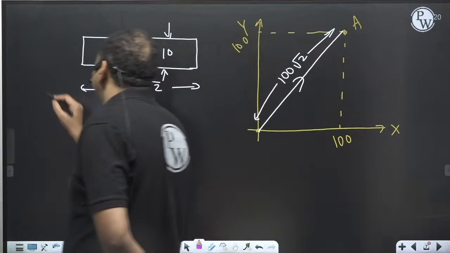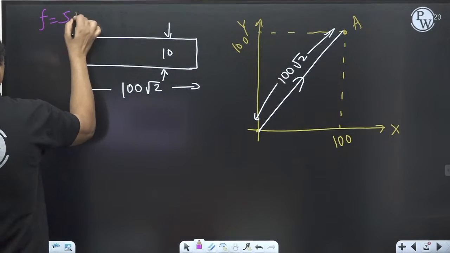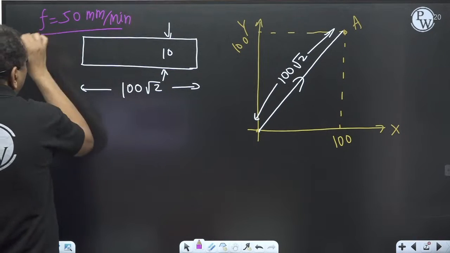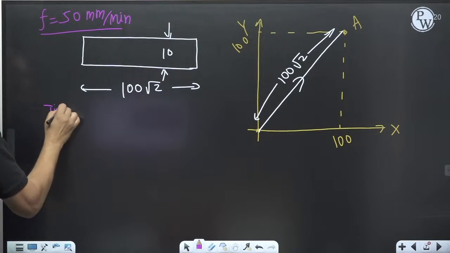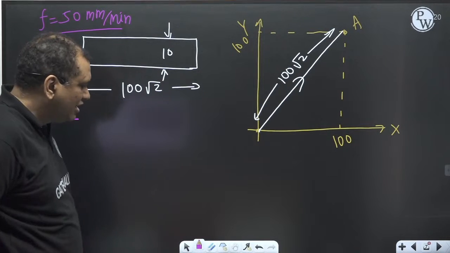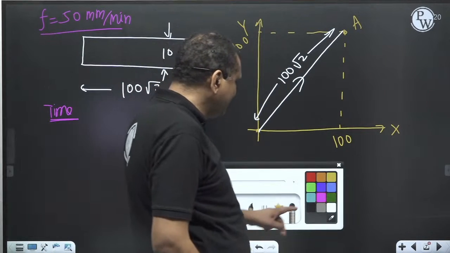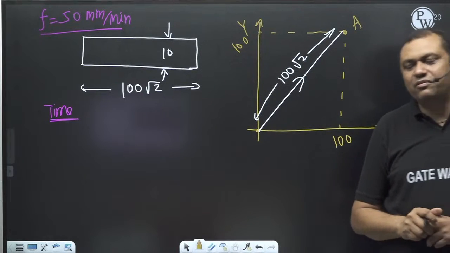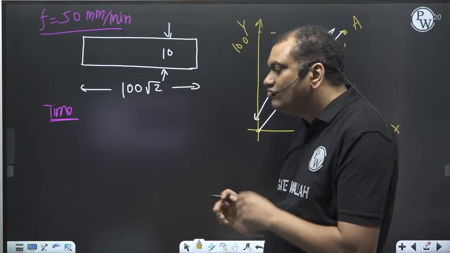Feed rate is 50 millimeters per minute, how much is the machining time? Now, you please go by the correct fundamentals.